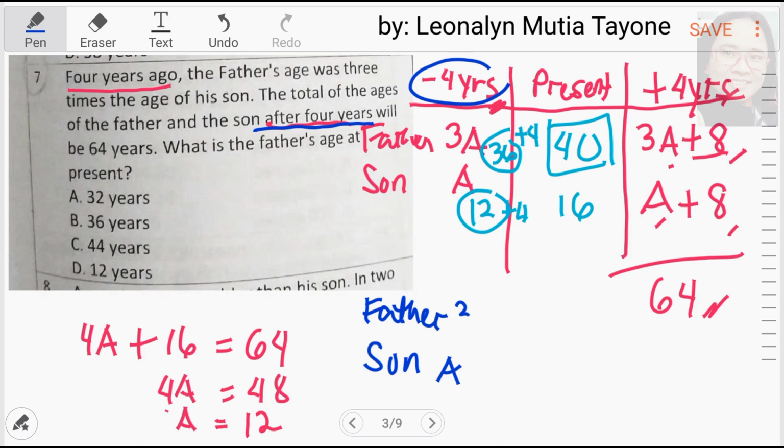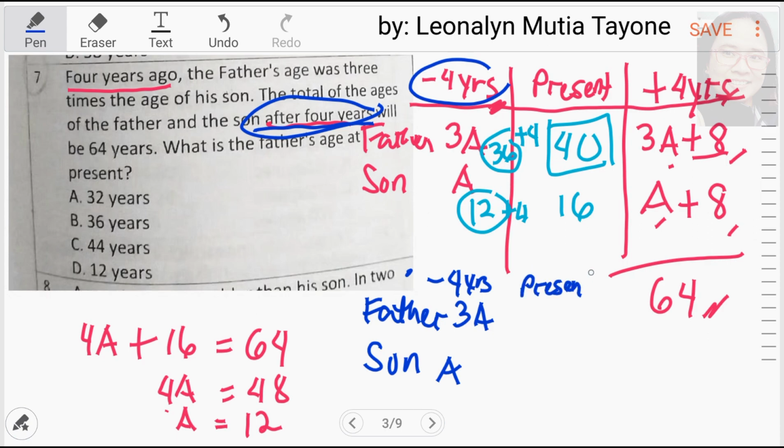So, A, 3A, si father, 4 years ago. At present, or after 4 years, simula dito sa 4 years ago, okay, instead of at present, baka yun yung ibig sabihin ng gumawa ng question na ito. Tingnan natin. So, yun yung after 4 years niya ay present.